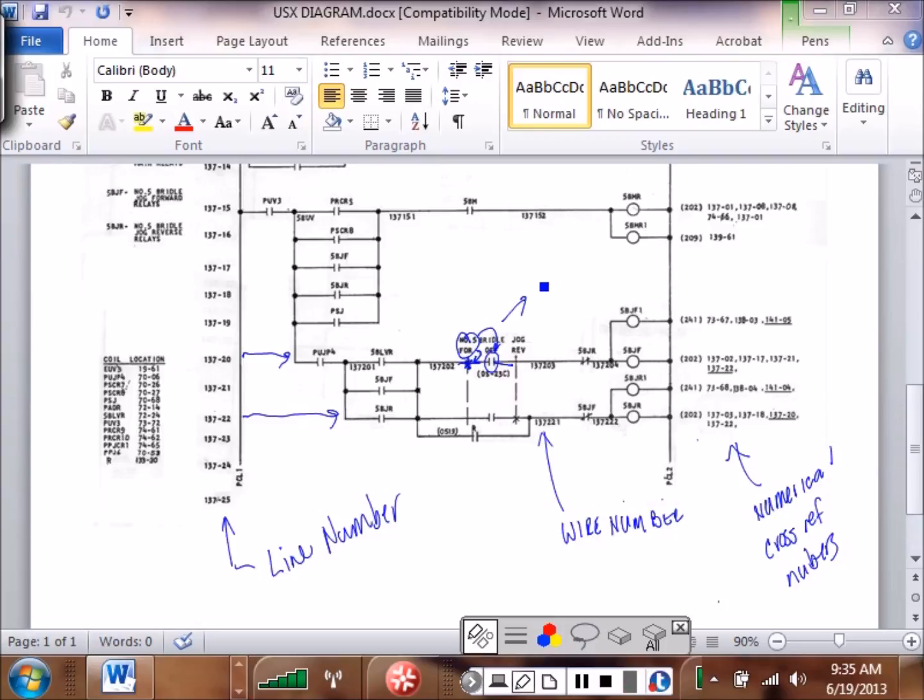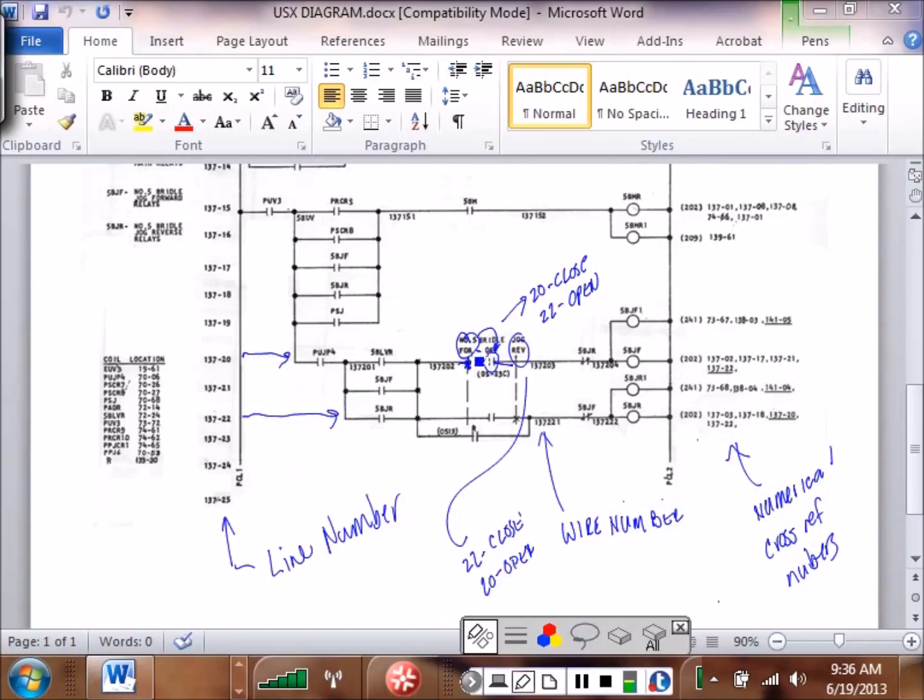So I'll say 20 will close, and that's line 20, and 22 will open. Then when I put it in the reverse position, 22 will close, and 20 will open.